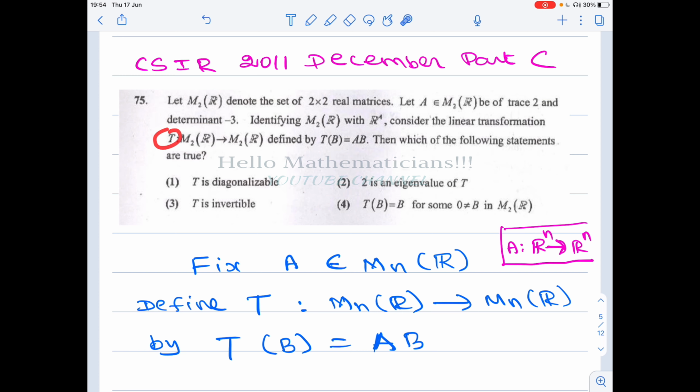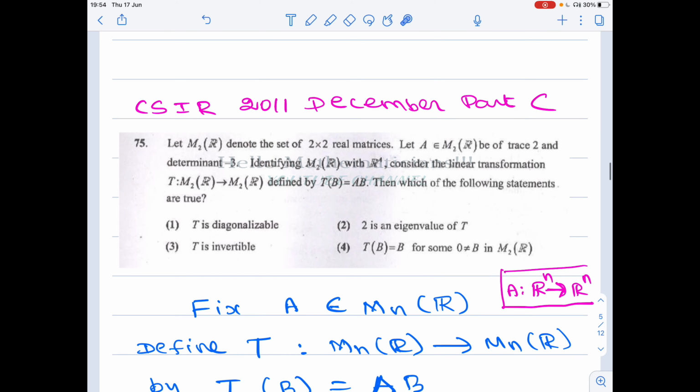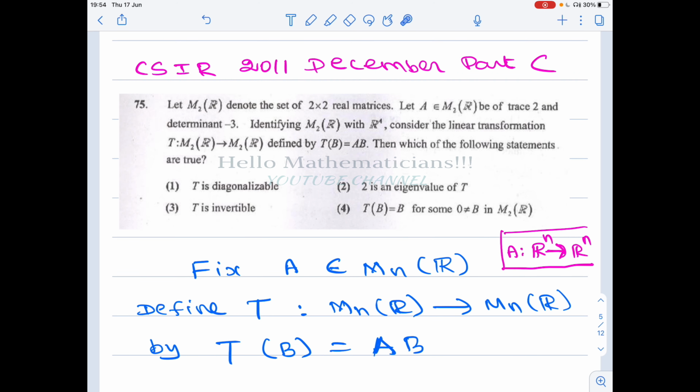This is a different linear transformation defined using A, but the beauty is that A and T have the same minimal polynomial. Once we know they have the same minimal polynomial, using that observation we can solve this problem easily. So our idea is to prove that T and A have the same minimal polynomial.